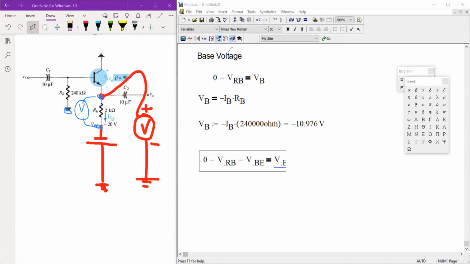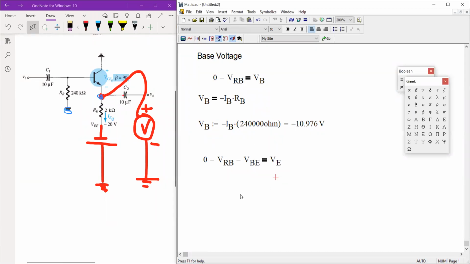So please, V sub E, or emitter voltage, is not the same as I sub E R sub E, simply because V sub E covers or includes the supply voltage V sub EE. By using this loop, you can now solve for V sub E.